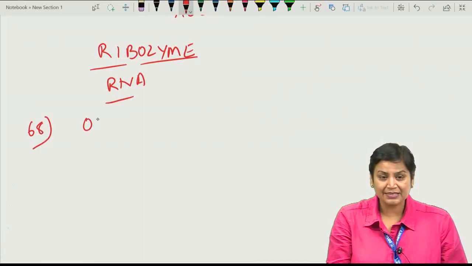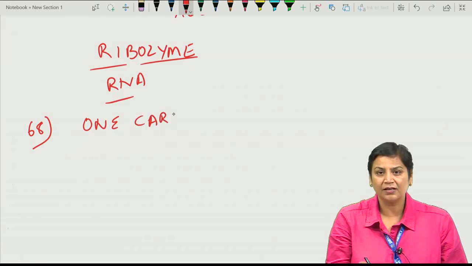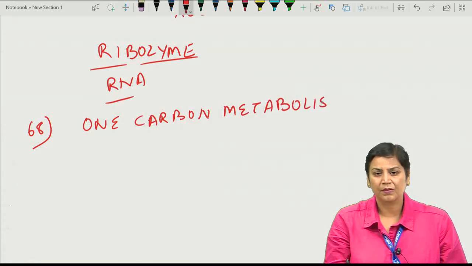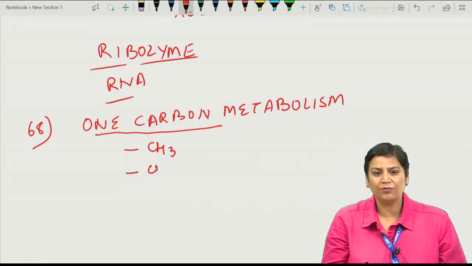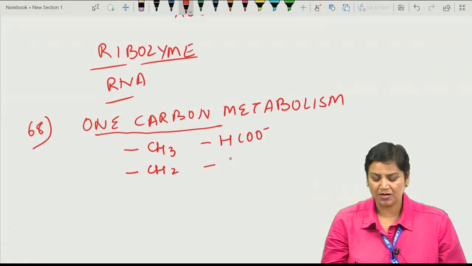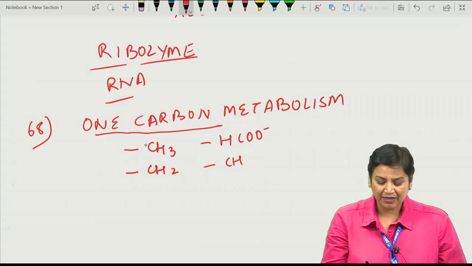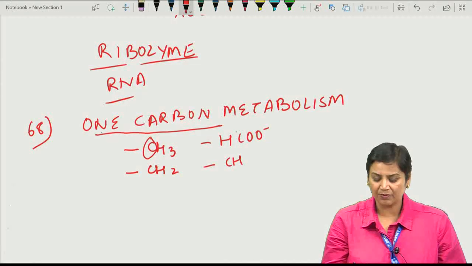One carbon metabolism, as the name suggests, means a species is giving rise to one carbon, either in the form of a methyl group, a methenyl group, a formyl group, or a methylene group. What is happening is we are transferring one carbon atom.